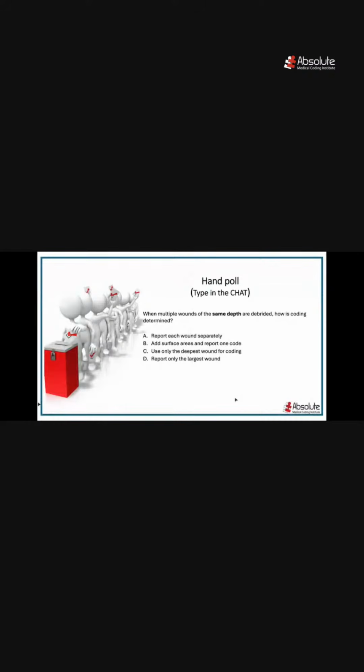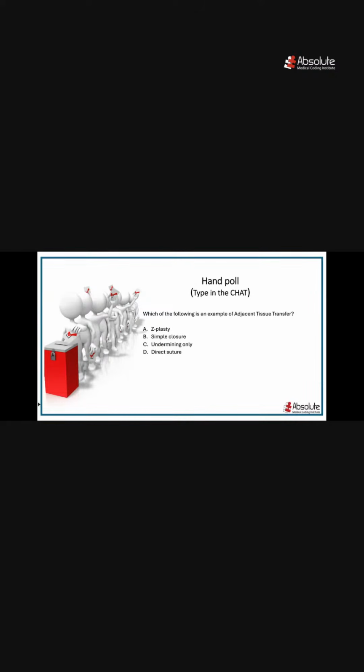Yes. Okay, everyone is back. Yes, the correct answer is going to be option B. You have to add the surface area and report one code. So good one, good one. Good comeback, everyone. Excellent job.